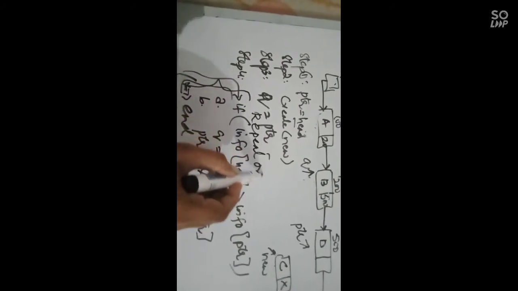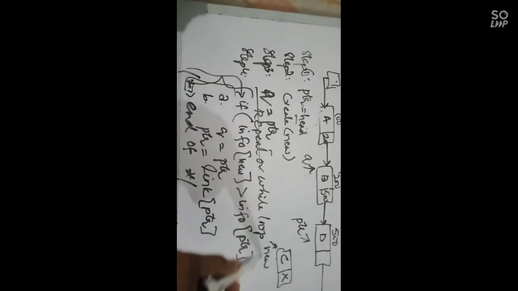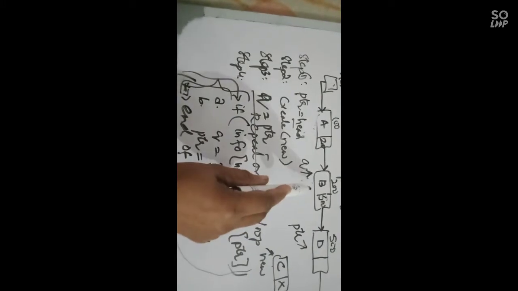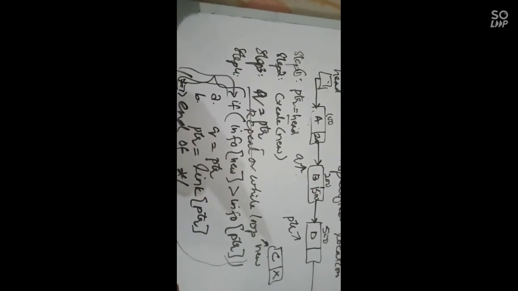Now we know that if checks the condition only once, so this block must be enclosed in a repeat or while loop. We have to keep this statement in the while loop or a repeat loop, so that every time we move forward and ptr is pointing to a new node, its information is compared with the new node's information.